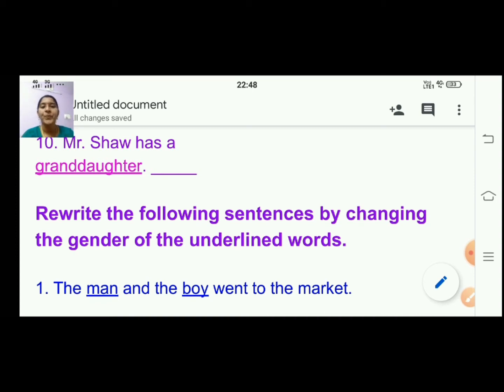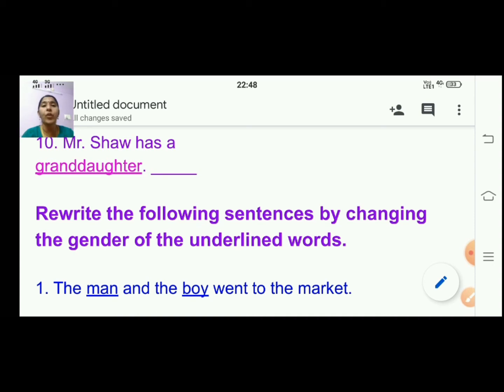Okay, children? So the first one, the man and the boy went to the market. So what you are going to do now, the words which have a dash below, which is underlined, man, boy, you are going to change that.